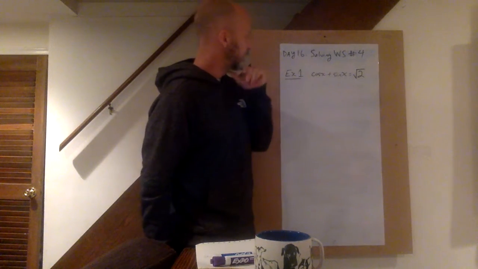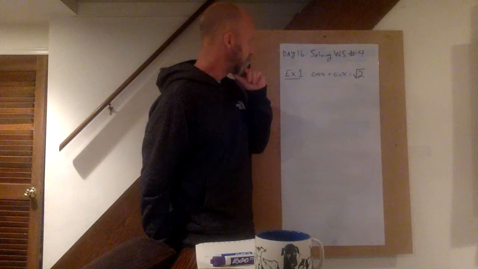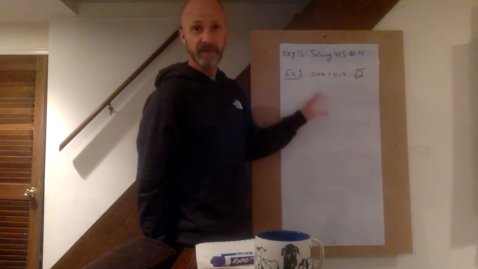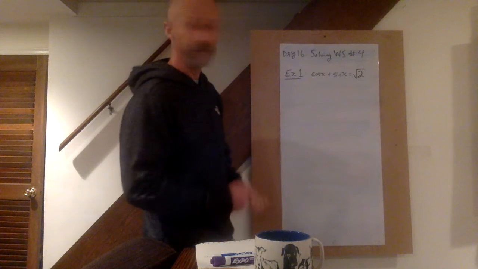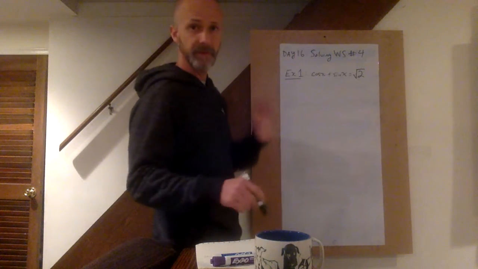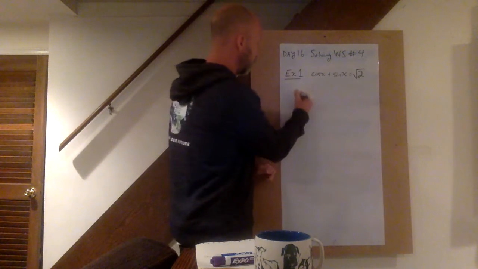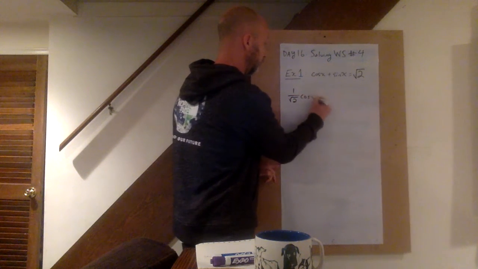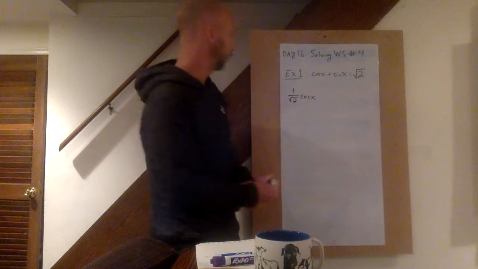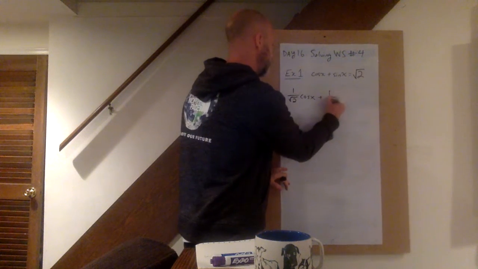So instead of squaring both sides to start, what I might do instead is divide both sides of the equation by root 2. Divide by root 2 on the left and the right. So what that means for the cosine is cosine's divided by root 2, or we could say it's multiplied by 1 over root 2. And then I do the same with the sine.